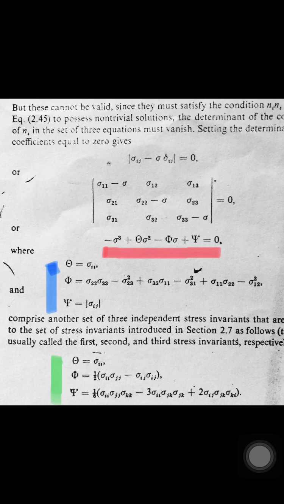Because n_j can't be 0 in equation 2.45, because n_i n_i equals 1. So the remaining term sigma_ij minus sigma delta_ij, the determinant value is a numerical value which can be 0. So we are taking this for the non-trivial solution. So we are taking this as 0. When opening this, we get a determinant value of 3 cross 3.